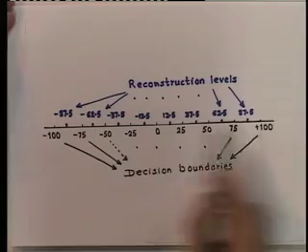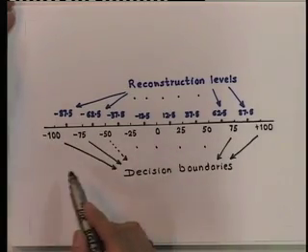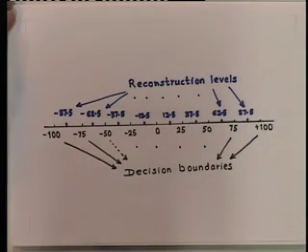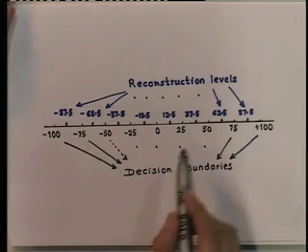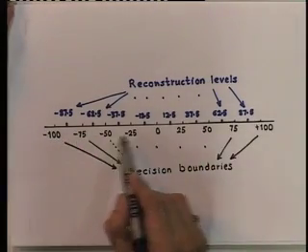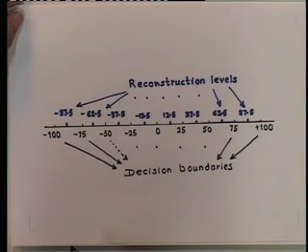So, on the real axis, we can denote the decision boundaries and the reconstruction levels as shown here. Now, the blue ones are the reconstruction levels and the black ones are the decision boundaries.